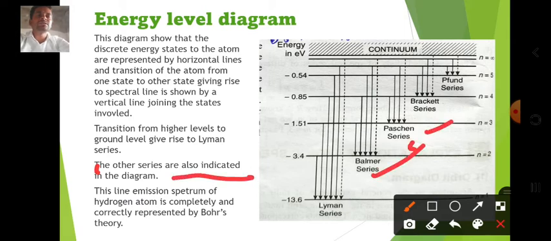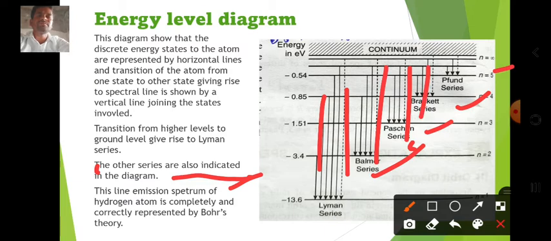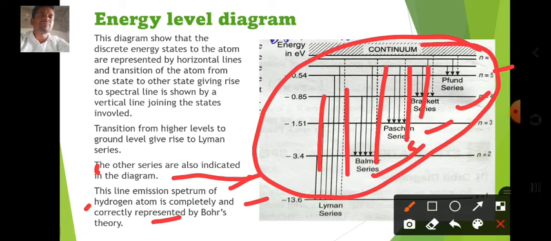The line emission spectrum of the hydrogen atom is completely and correctly represented by the Bohr theory, not by other theories.